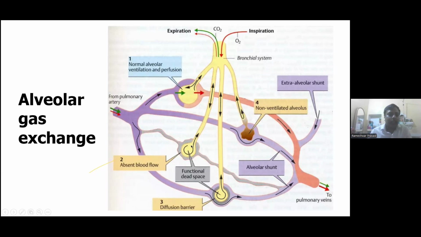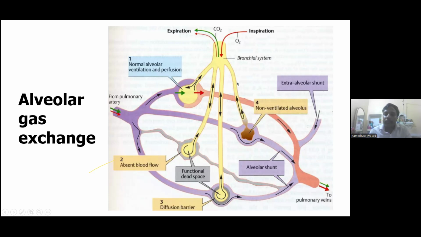So this is dead space. Third type of alveoli have thick walls because of secretions as well as interstitial edema. It is mainly interstitial edema which results in low diffusion. That is diffusion barrier.